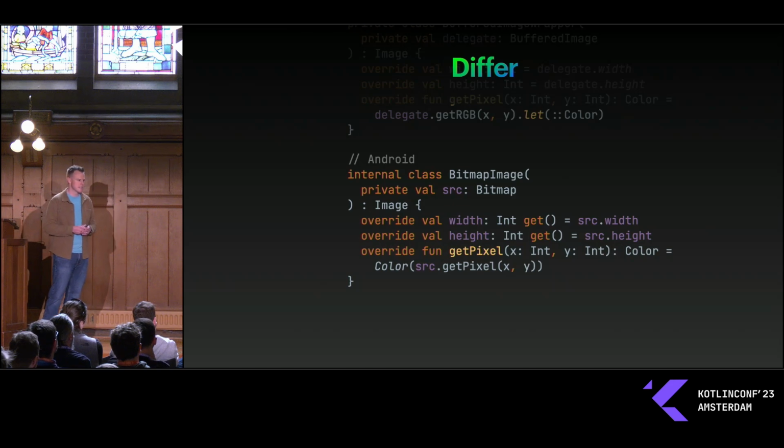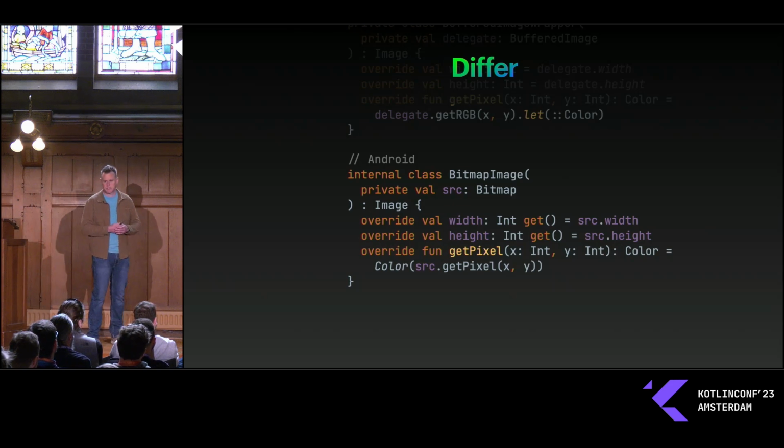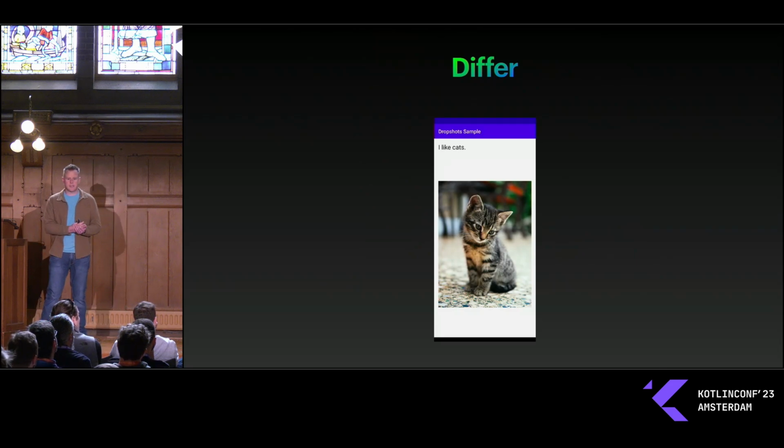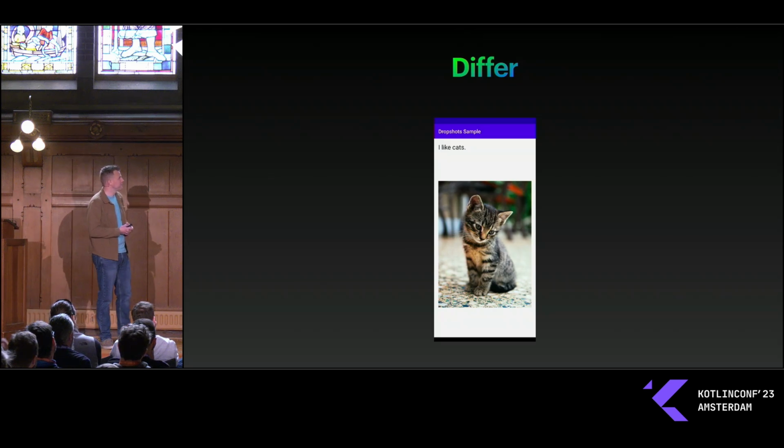This isn't a sales pitch for Differ, so I'm not going to go into too much more there. But for how it's used, I mentioned DropShots, an Android screenshot testing library. Imagine you make an app that displays images of adorable kittens, which is a bit of a betrayal because I'm a certified dog person, but still adorable.